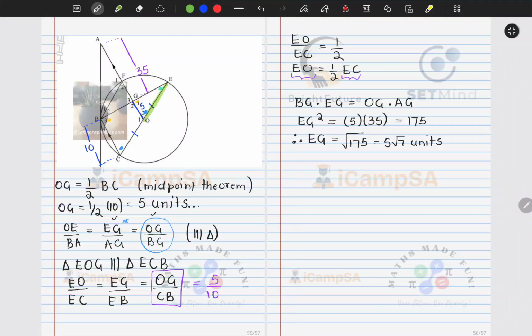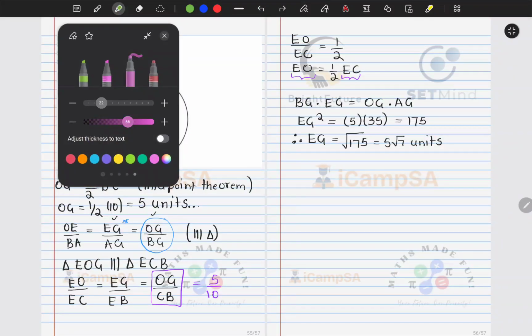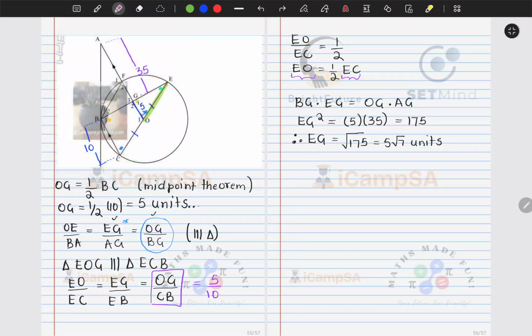Okay. Now, how is this EG going to assist us? Well, if you observe carefully, you'll be able to see that we can use Pythagoras if you look at the triangle that is in pink. So our OE squared will be the same as our OG squared plus our EG squared.